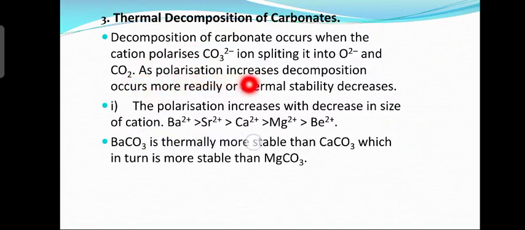As the polarization increases, decomposition occurs more readily, or thermostability decreases.